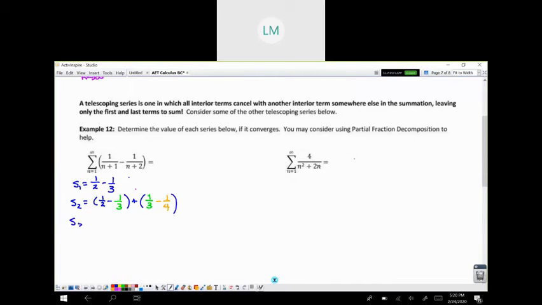S sub 3 is 1/2 minus 1/3 plus 1/3 minus 1/4 plus 1/4 minus 1/5, which means S sub n, and I'm going to leave that one for you.